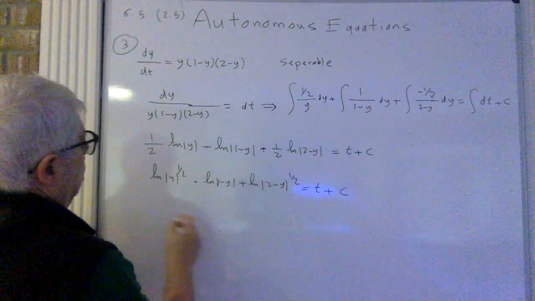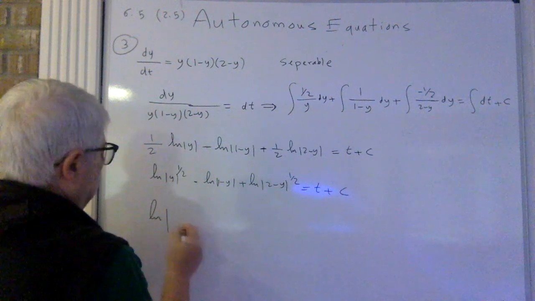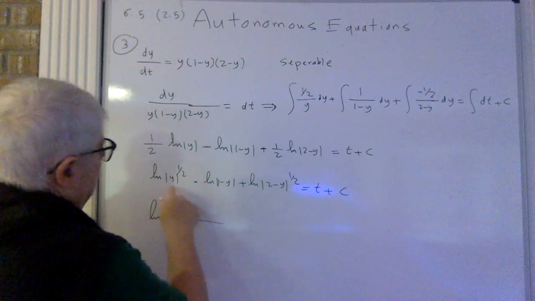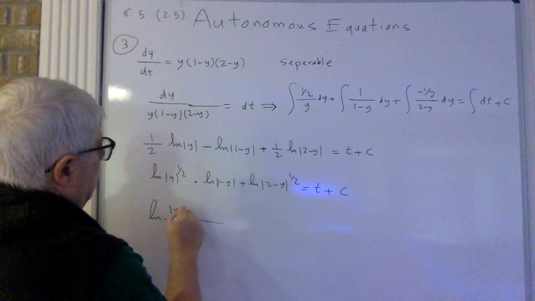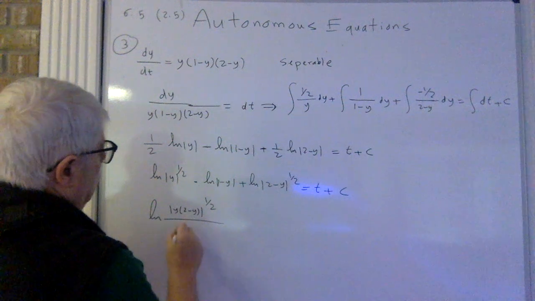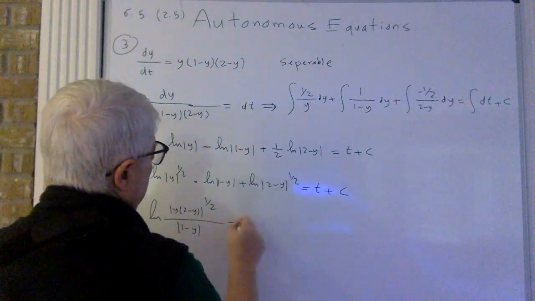Yeah, I can put them together, that's okay. So that's ln of absolute. Okay. So on top we have this one times this one, so I have y times 2 minus y absolute 1/2, and this one is simply 1 minus y. On this side I have t plus c.